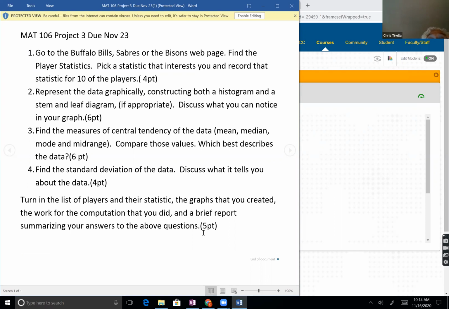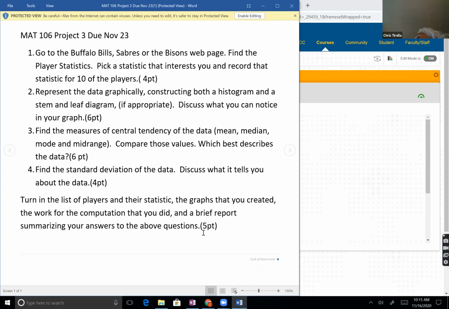Can you do anything with it, like their age? Yeah, their age, their height or weight or anything. If you're doing the baseball team, their batting averages, or how many bases they ran. If you're doing the hockey team, how many goals they scored as opposed to how many points they earned, or there's something called a plus minus average.